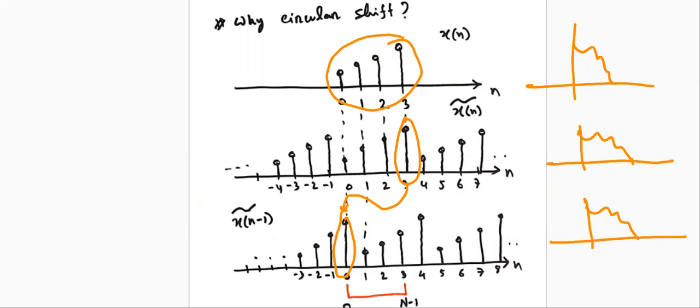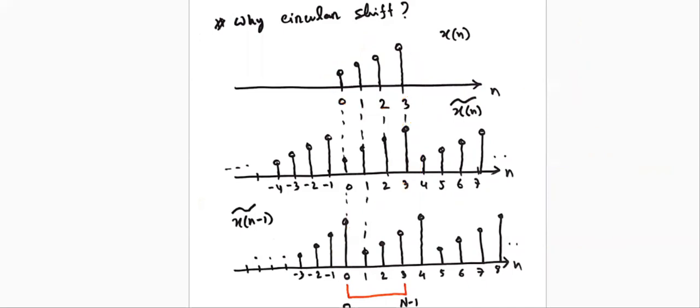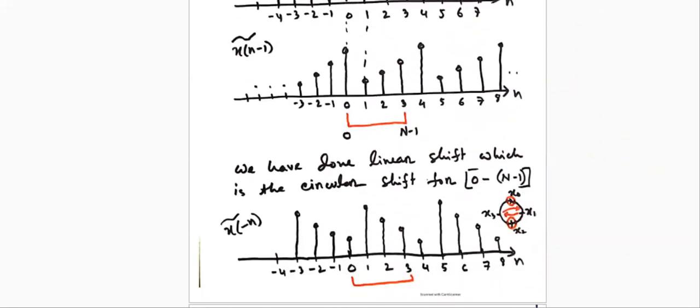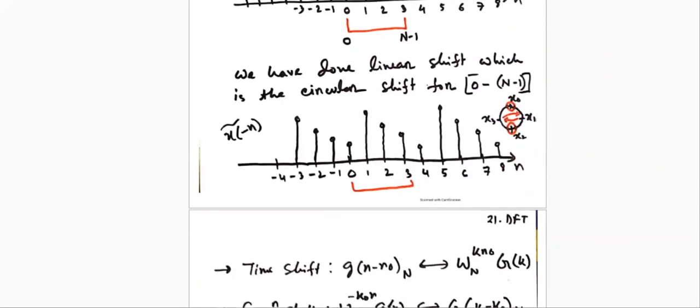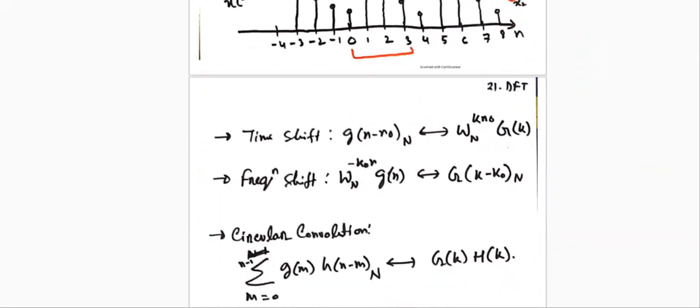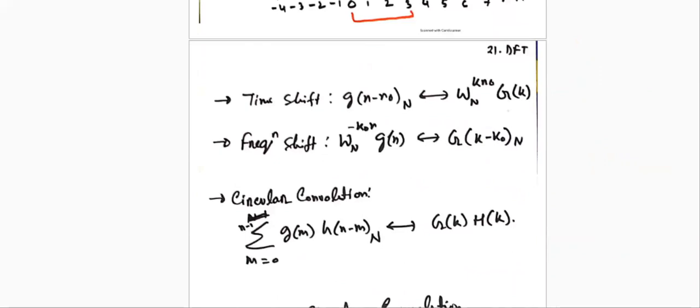Okay, so logically we can understand that the circular shifting and the linear shifting basically work the same. There is no problem with that. We have already mentioned these points, how the circular shifting compares with the linear shifting.